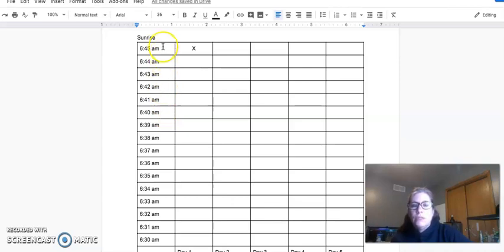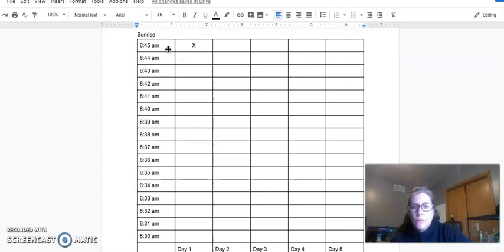We know that this is not 6:45 elephants. We know it's not 6:45 pounds. We're talking about time, and we're talking about the sun rising in the morning, so we use AM for the morning. So again, 6:45 a.m. and then go down 1 minute until you get to 6:30.